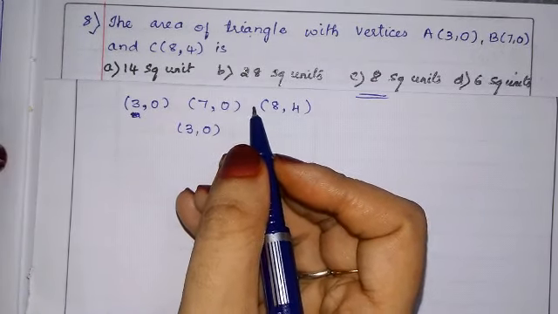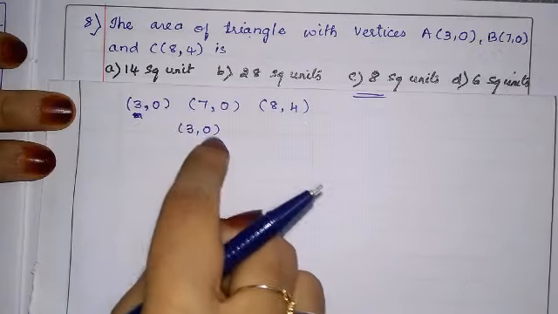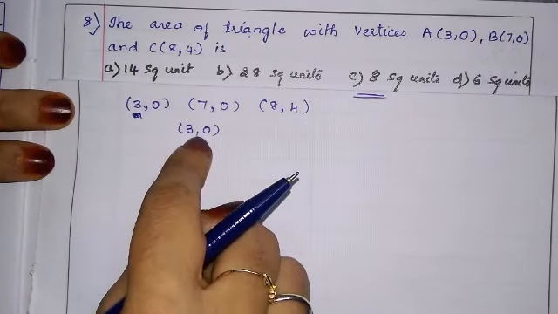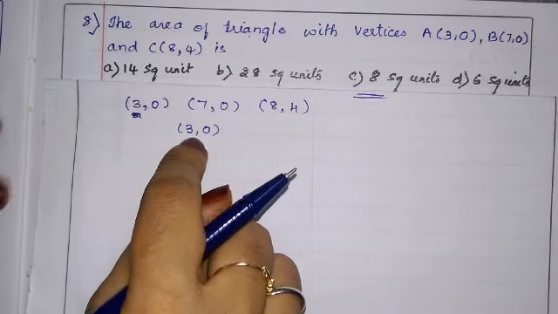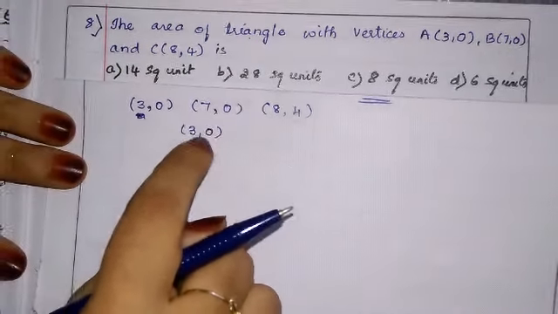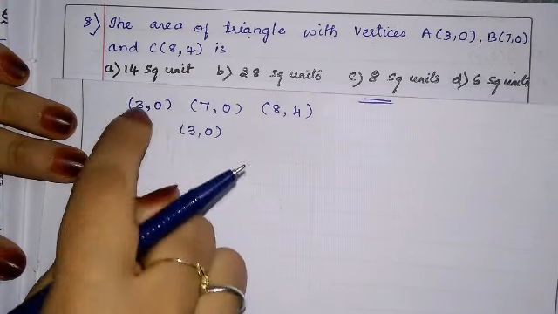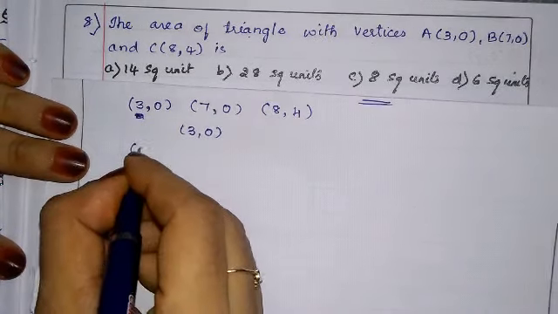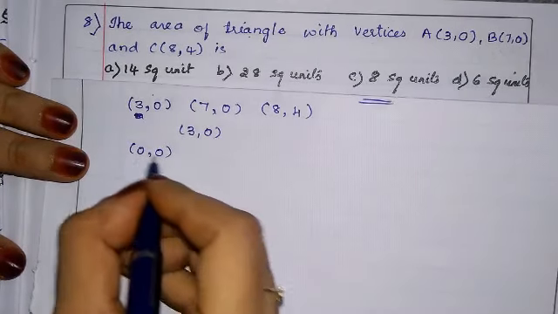So I have taken 3, 0. What we have to do is subtract this taken point from all 3 points. Now let us subtract. 3 minus 3 is 0, 0 minus 0 is 0. The first point is 0, 0.